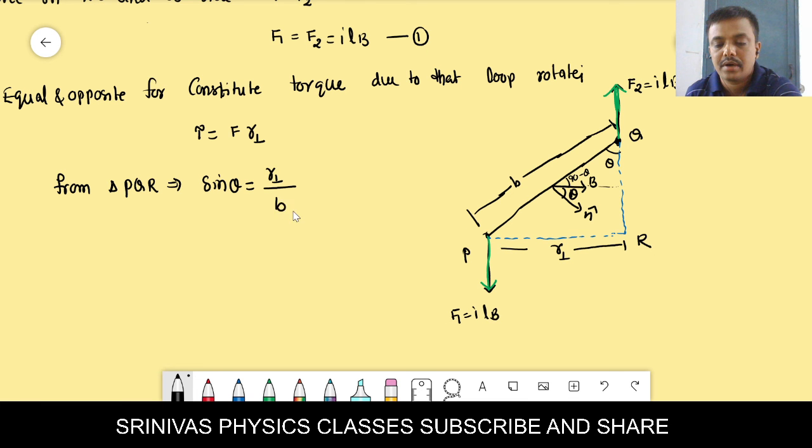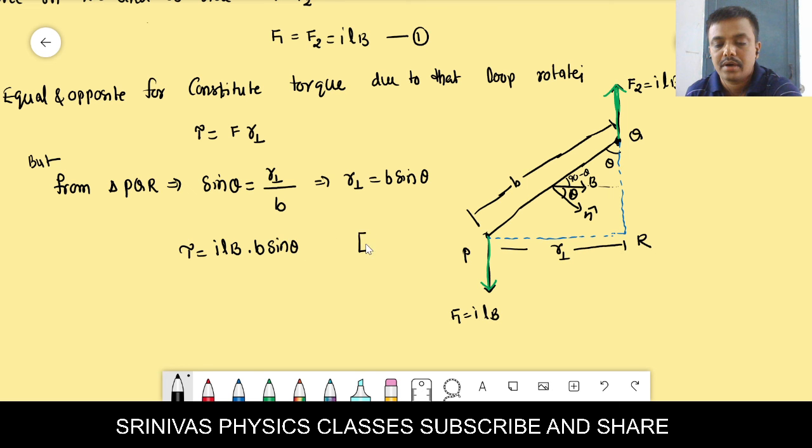P. Then from this we get R perpendicular as P sin theta. Now you substitute in the torque formula. The torque tau is equal to the force formula, equation 1, ILB, into R perpendicular, that is P sin theta.